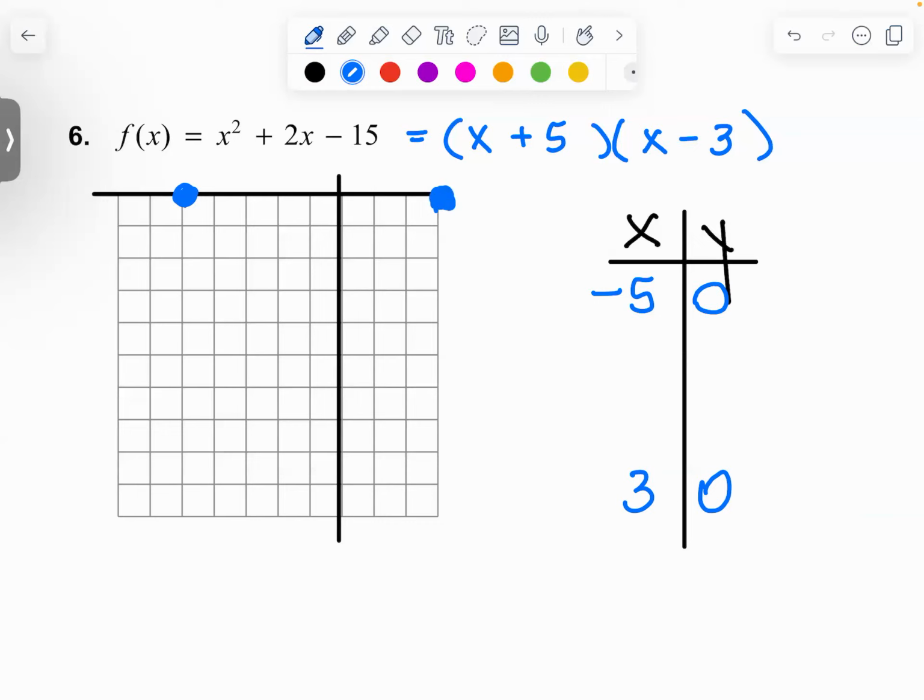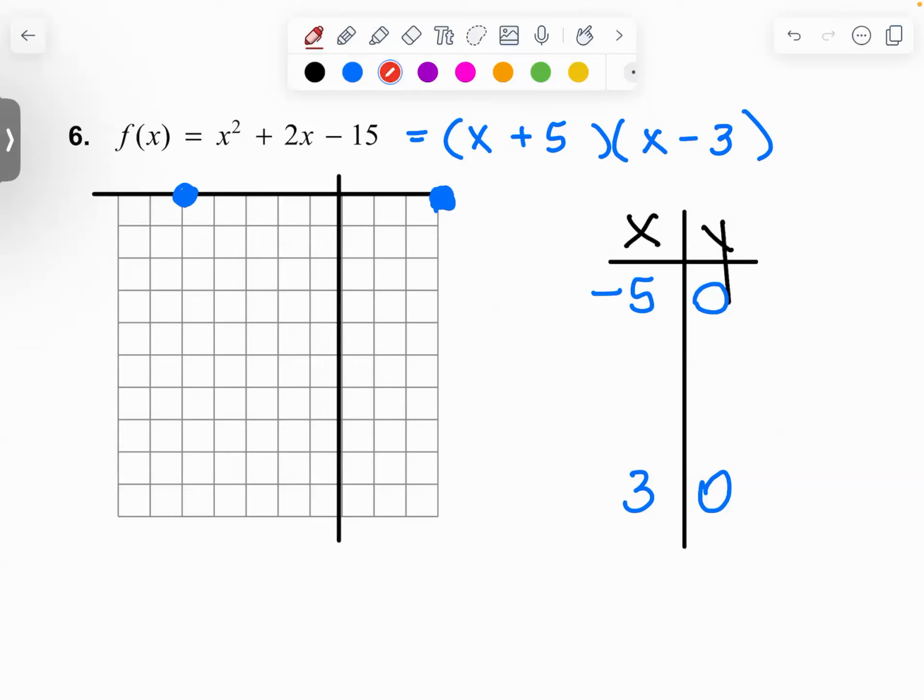All right. Write down what you think the x coordinate of the vertex is right now. Write it down. Hey, where's our axis of symmetry?